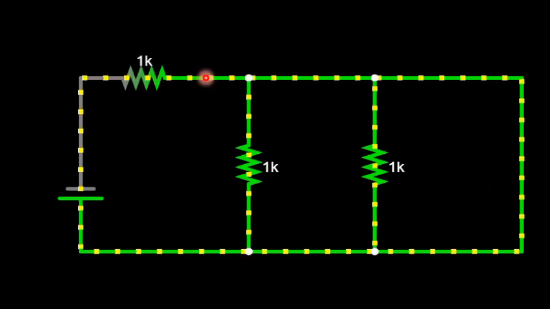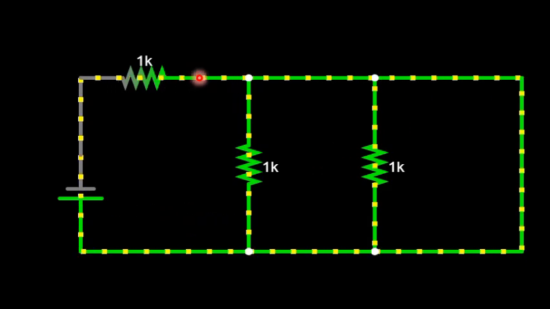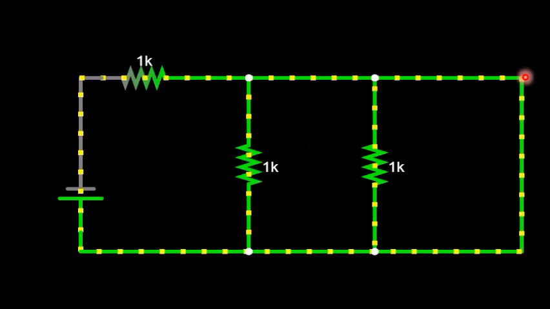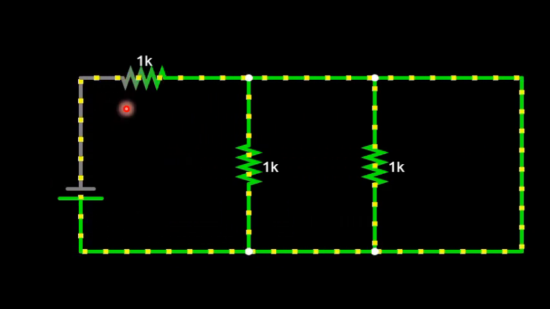Even if I was going somewhere, if this road is crowded, I will just decide to take the road that is not crowded. Then I'll come back. No stress. You're making your life simple. So that is how current is.